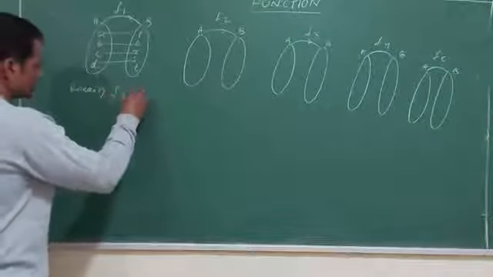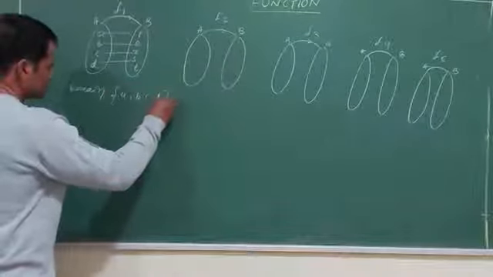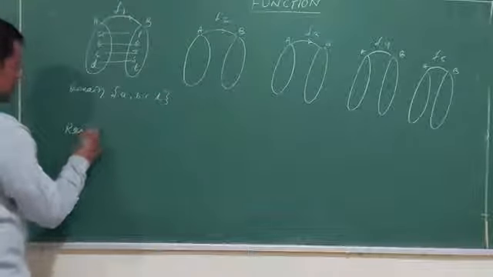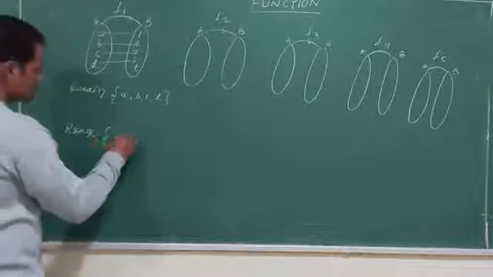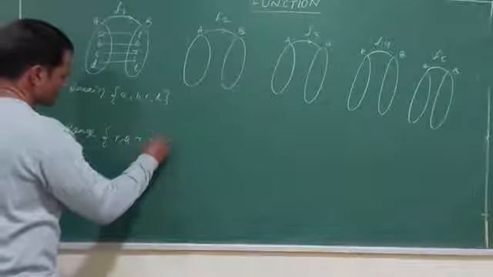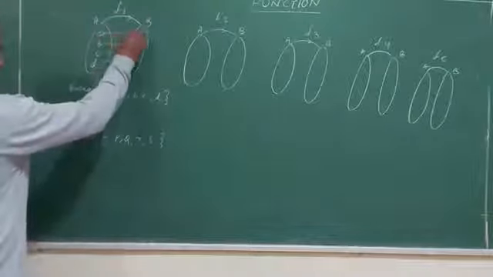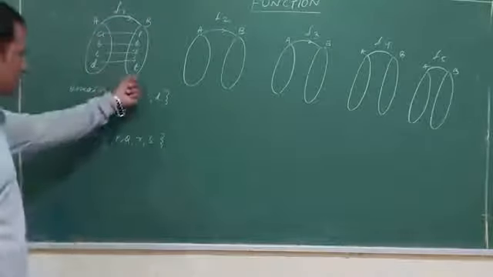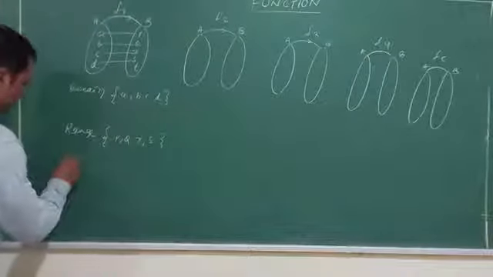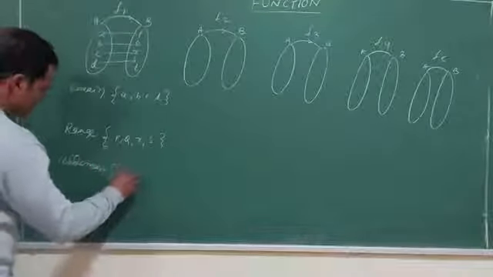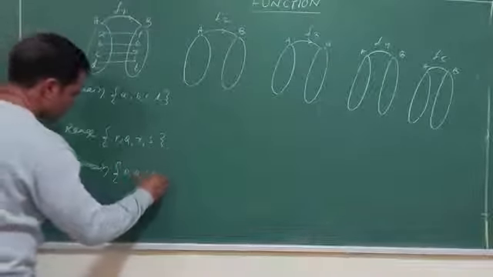A, B, C. Range: P, Q, R, S. See the difference. What is range? What I got as the output, which is given to you, P, Q, R, S. Then what is T? Including T, that is known as codomain. This is codomain: P, Q, R, S, T.